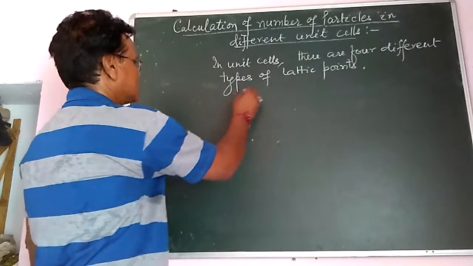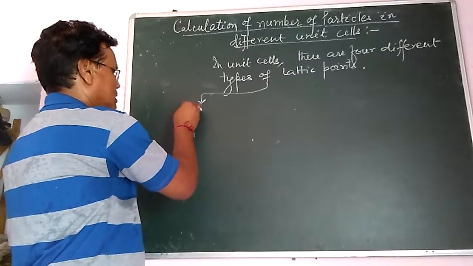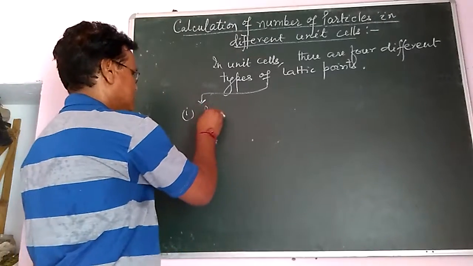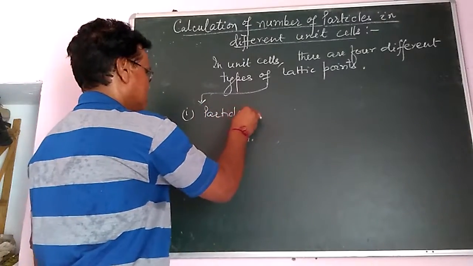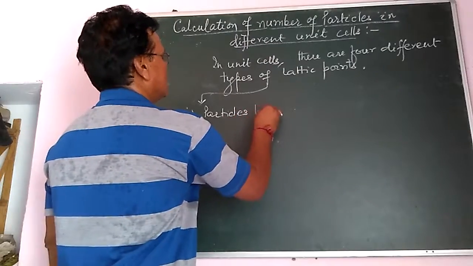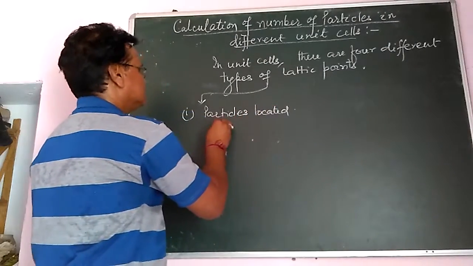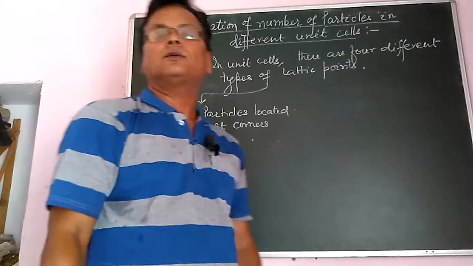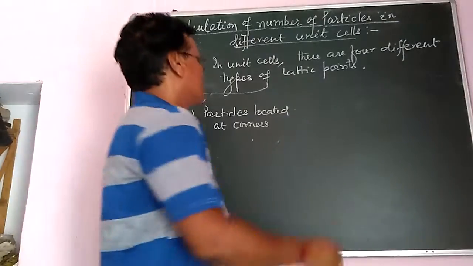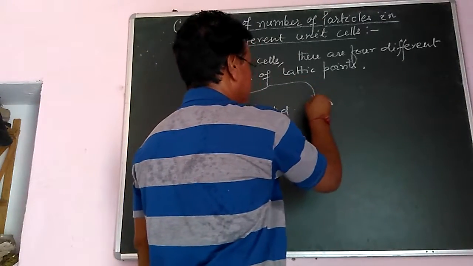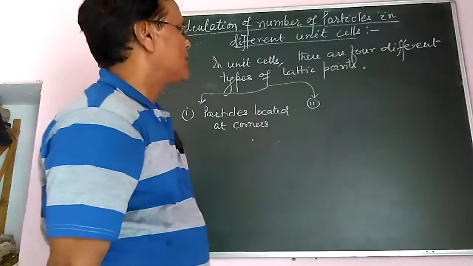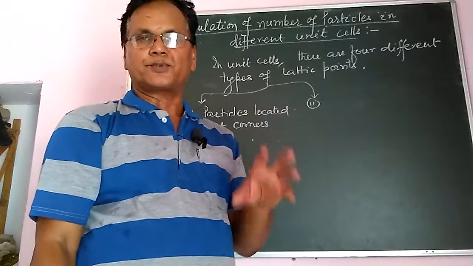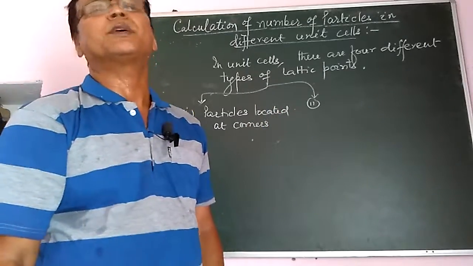First, particles located at corners, that is in simple unit cells. Second type, the particles that will be located or present at the center of the faces.